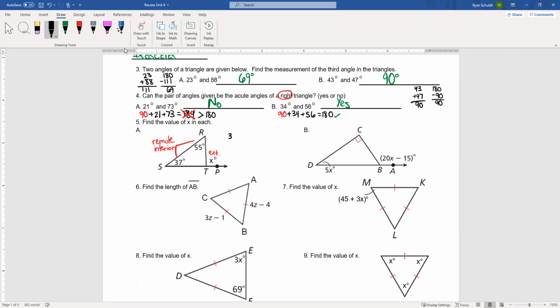So I would have 37 plus 55 equals x. 37 plus 55 is 92. So x equals 92.